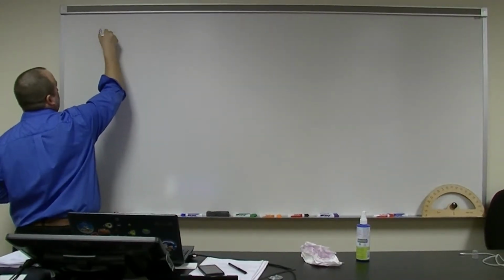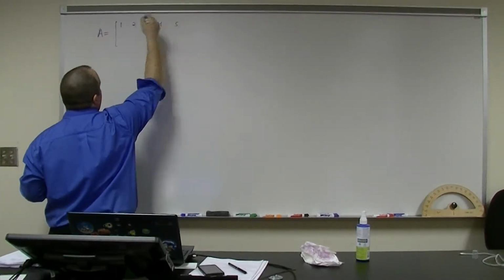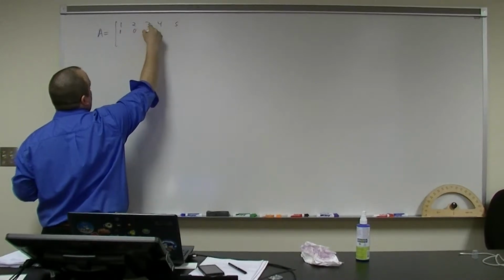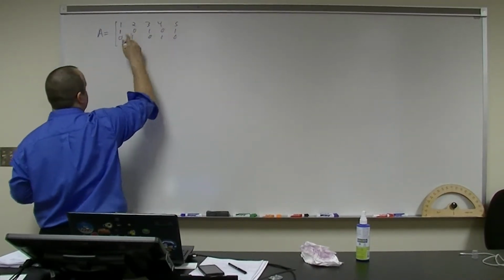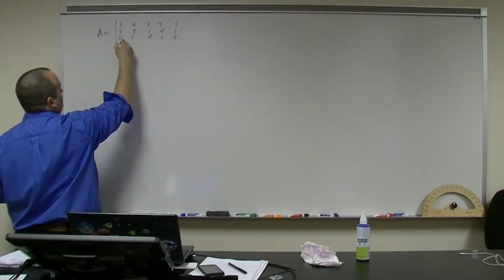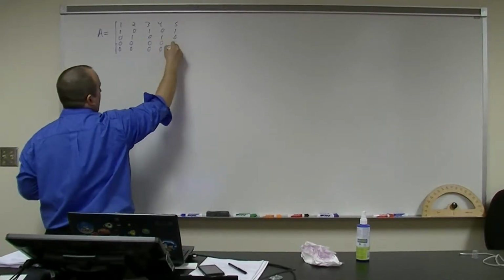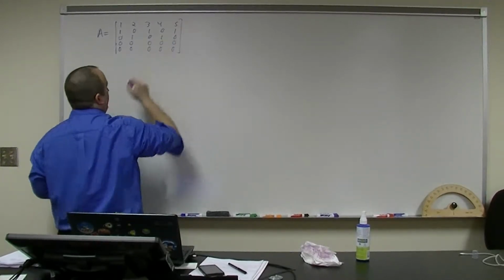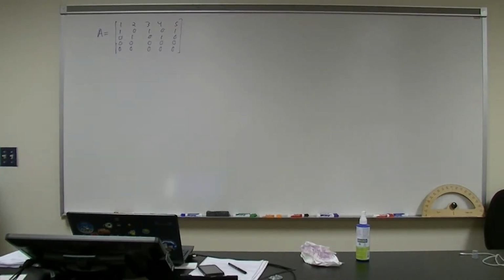So let's say I have a matrix with rows 1, 0, 1, 0, 1, and so on, and then zeros. Or I could also play games with the final two rows, just add the first three, something like that.